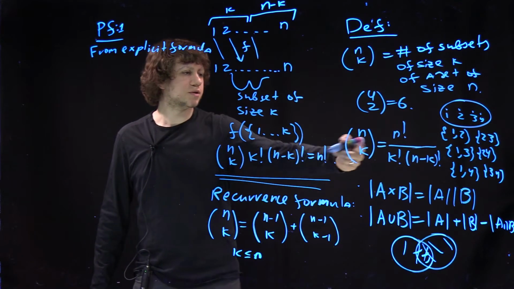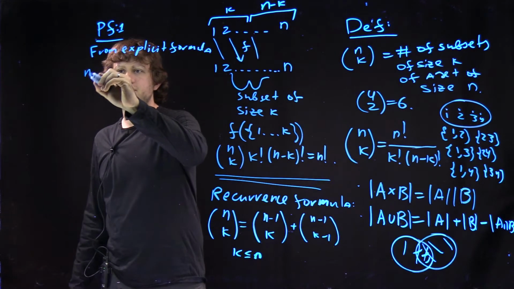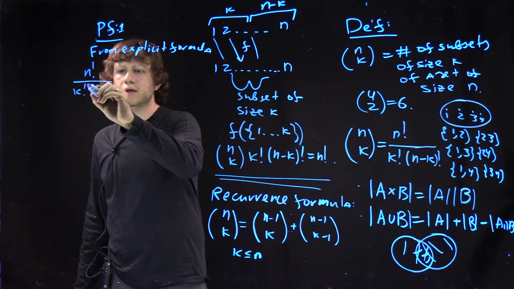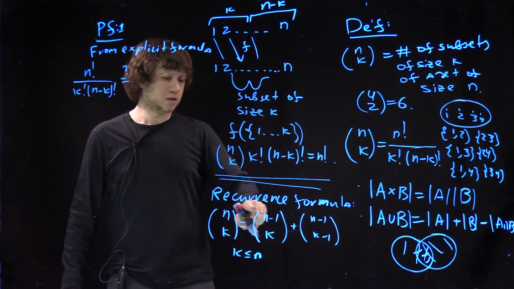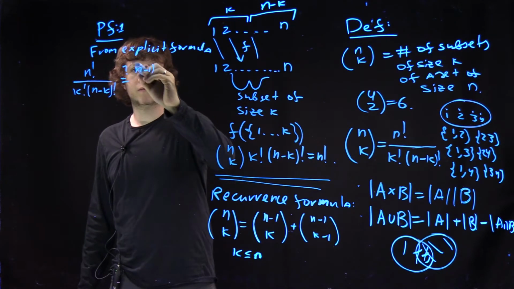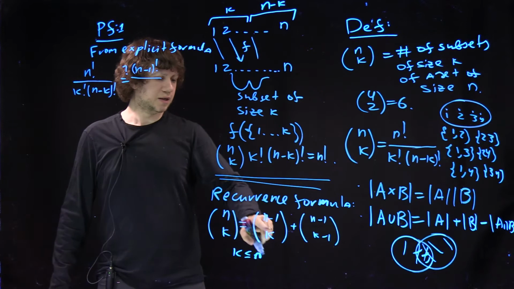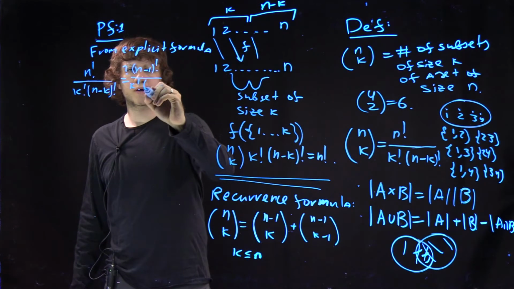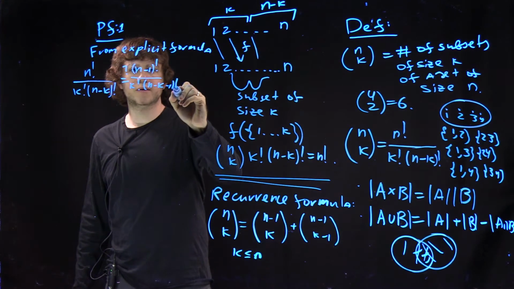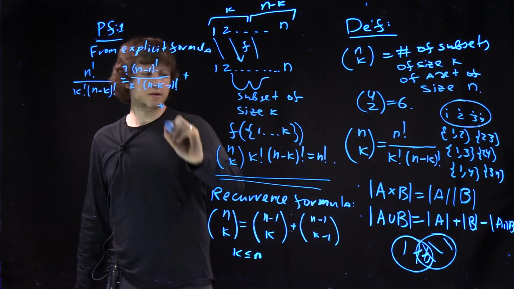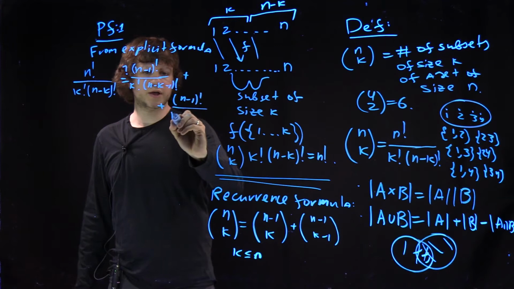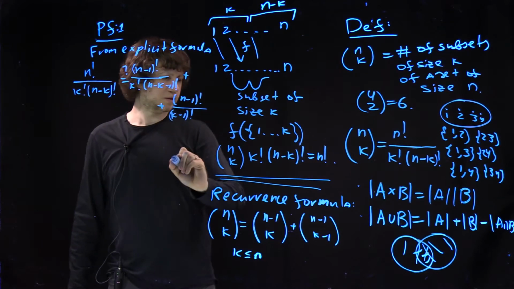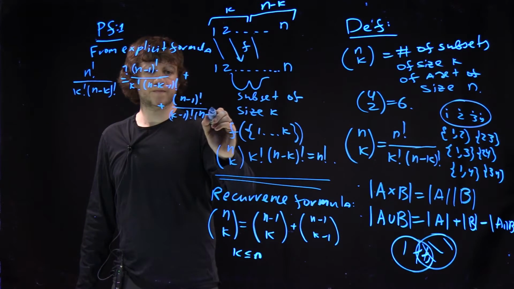You have n factorial over k factorial n minus k factorial equals n minus 1 factorial over k factorial n minus k minus 1 factorial plus n minus 1 factorial over k minus 1 factorial n minus k factorial.